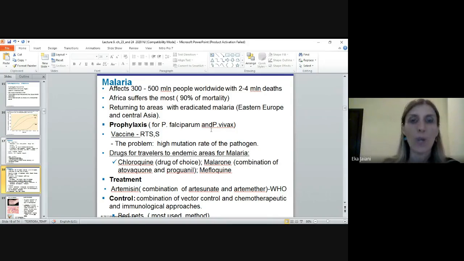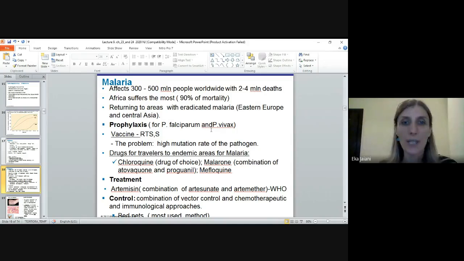It is a problem to develop, but it is FDA approved, and it has some effectiveness. People develop milder disease. Last year I met a lady from Switzerland who was involved in vaccine development against malaria, and we talked about these details. It's interesting when you contribute to some work that can save lives.